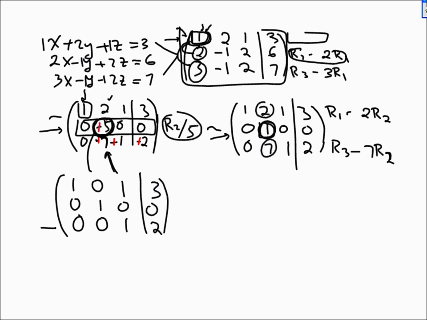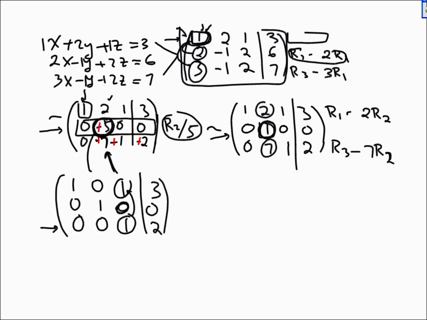The reason is, in row 3, here's my leading entry. What's above it is not all 0. What's right above it is 0, but the whole column has to be 0. Well, 1 minus 1 is 0.